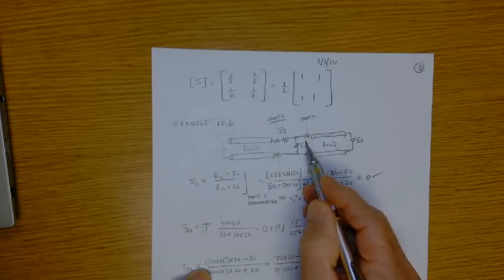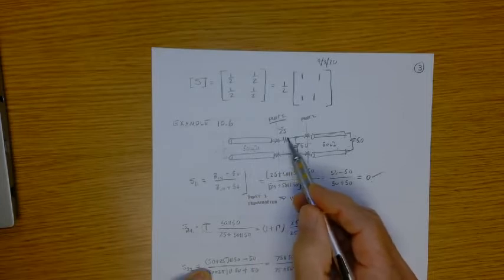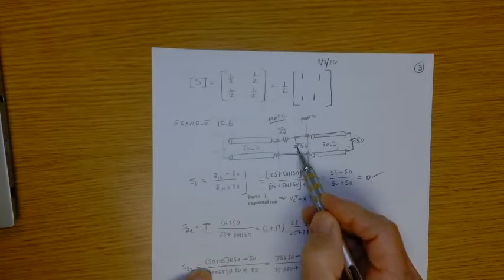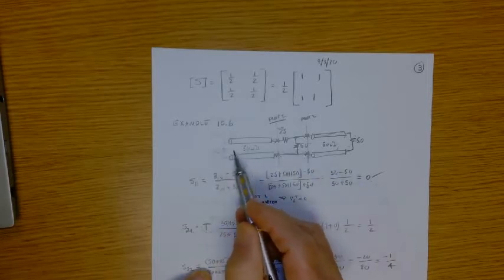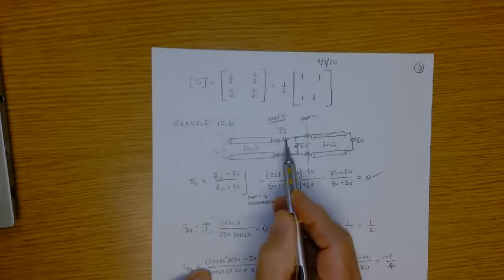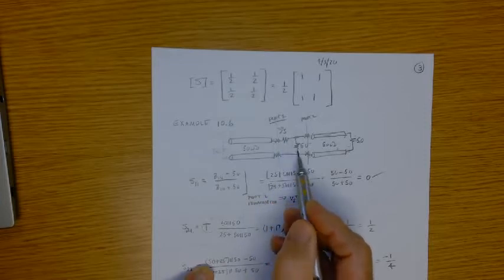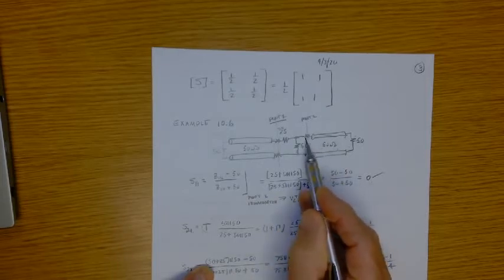Well, that's going to be 50 plus 25 in parallel with 50, because we terminated this in 50. It's a 50 ohm transmission line. So right here is also 50 ohms shunt. And then that is in series with 25, right? So that's 75. So I need to put 75 in parallel with 50. And that's the impedance that this line sees at that location.